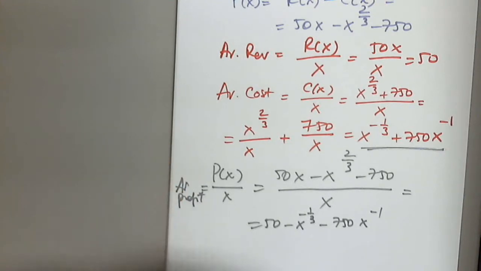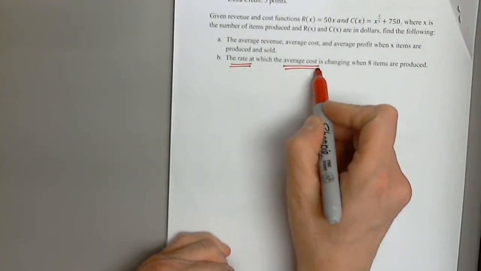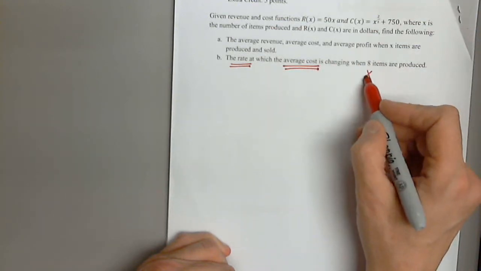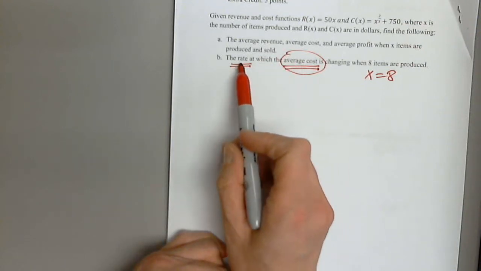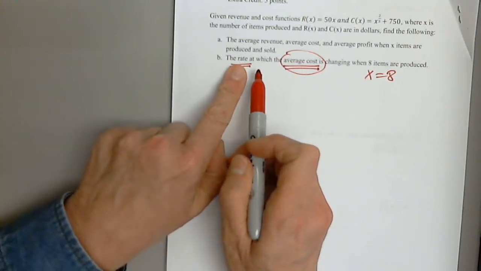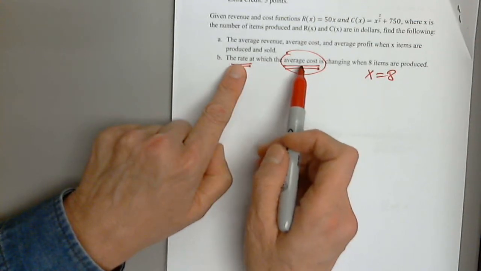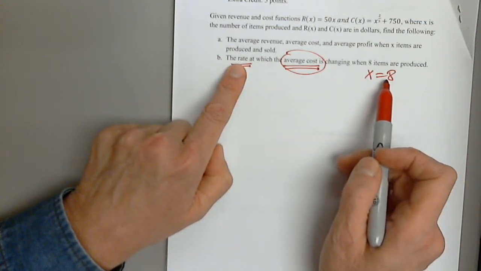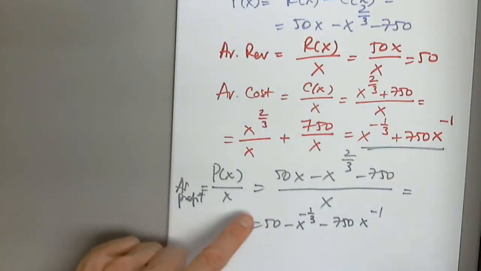Yes. So the question is saying, find the rate at which the average cost is changing when x is 8. So I look at the average cost, I find the what? That will give me the rate of change. I find the derivative of the average cost and then plug in 8. Is that better, everyone? Okay, so this is it.